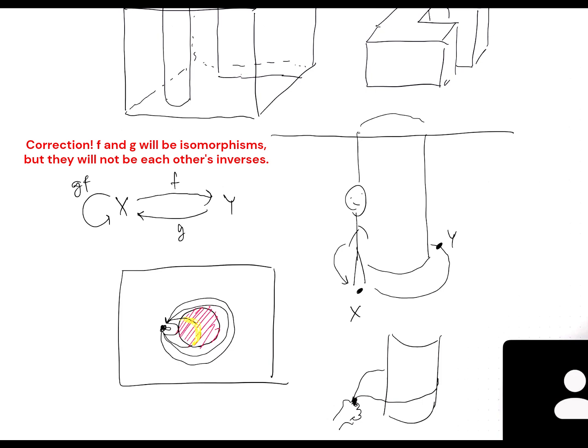So in this case, F and G will not be isomorphisms, but the composite GF itself will be an isomorphism in the sense that its inverse will be itself.